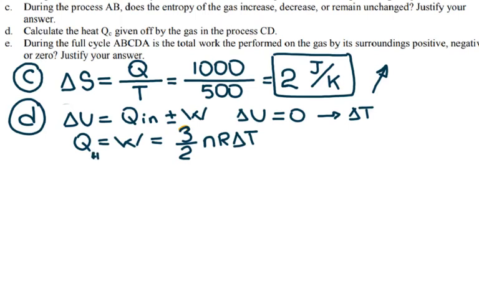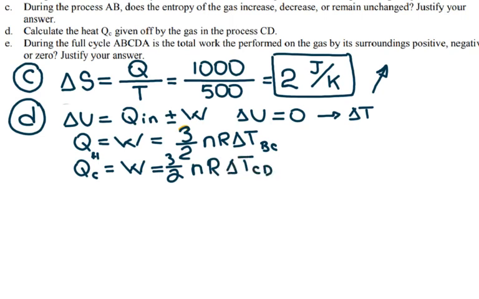So that means this is going from B to C. And Q cold is equal to the work, because there is no change of internal energy, is equal to 3/2 nR delta T. And this one is from C to D.